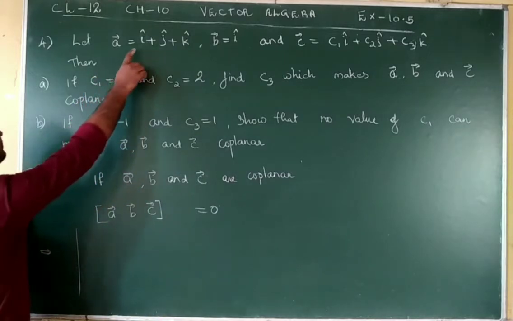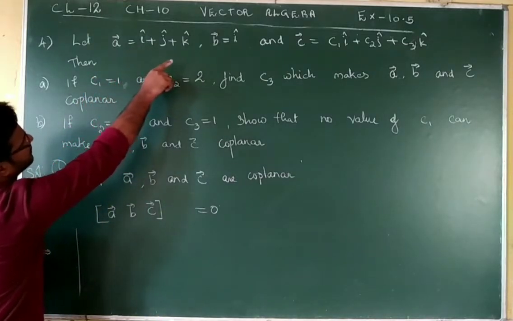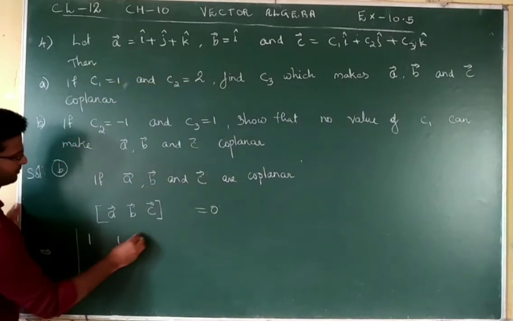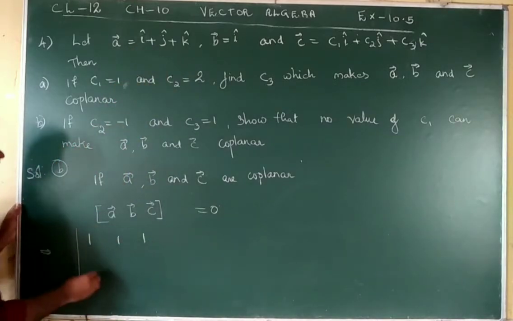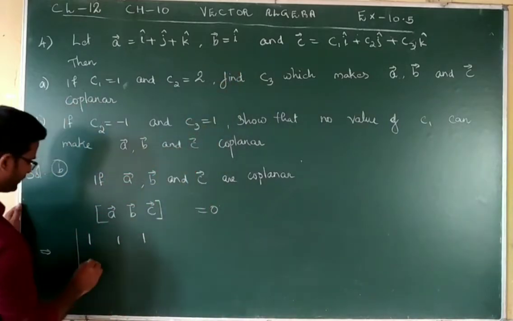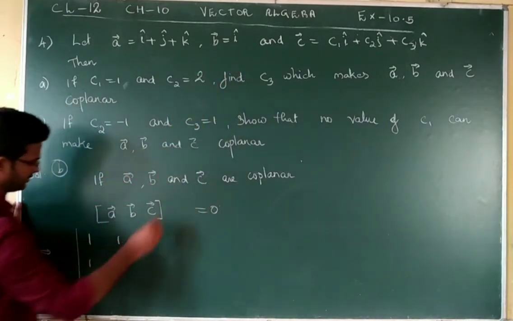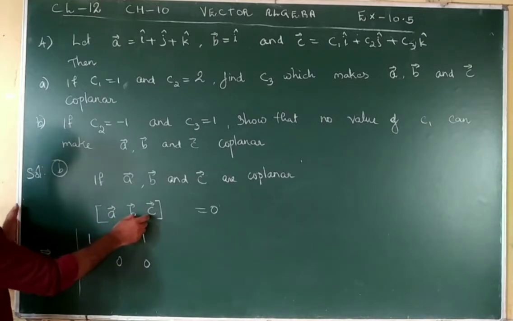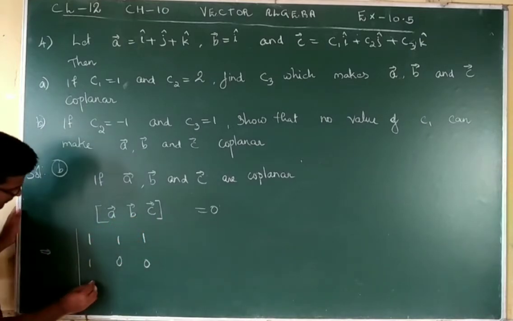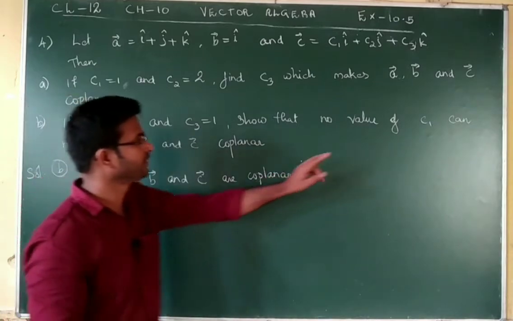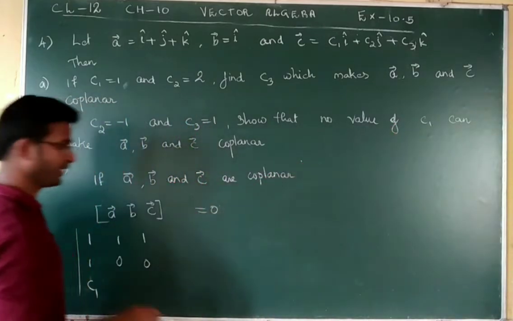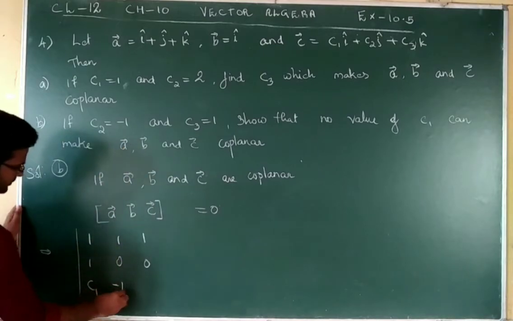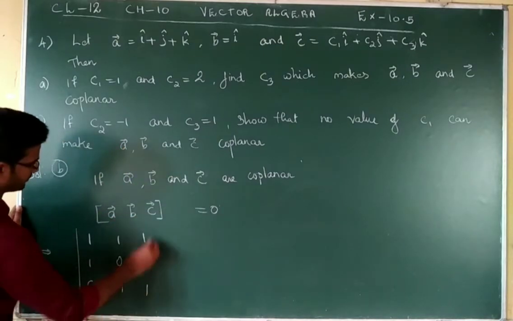Already given, that is i plus j plus k. Scalar components are 1, 1, 1. B vector is in here only i component, that is 1. Then j and k will be 0 and 0. C vector, C1 not given, isn't it? We have to find out C1 if value is there. Then C2 is minus 1, C3 is 1.